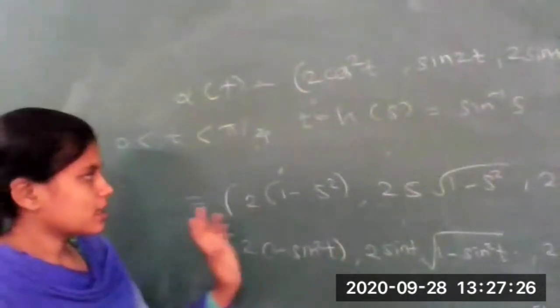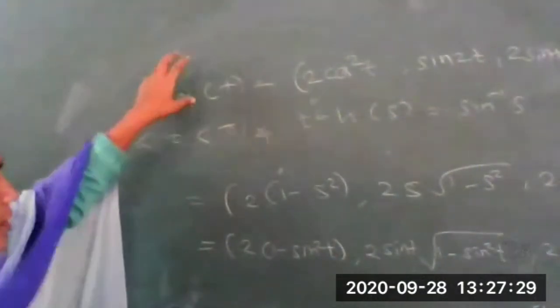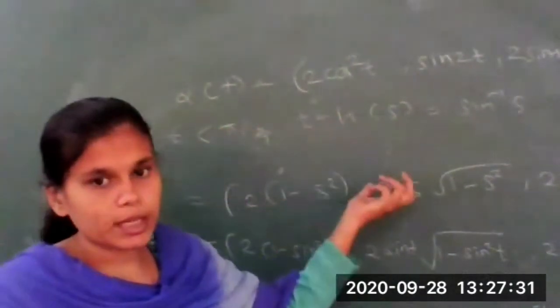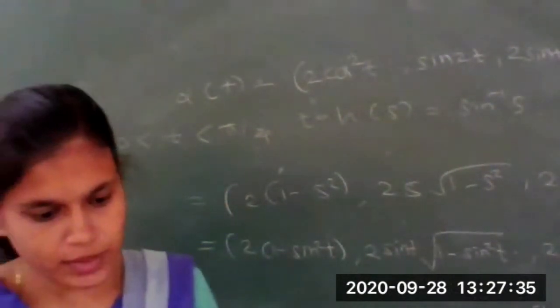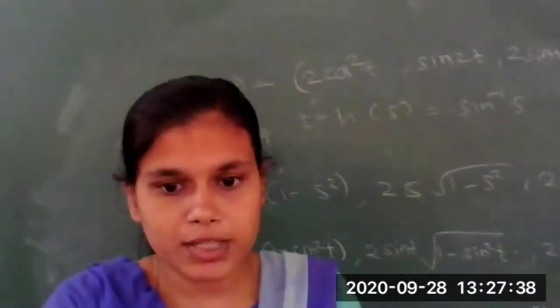So we get the same equation of the curve alpha of t, now written in another parameter, s. This is an example of reparameterization.